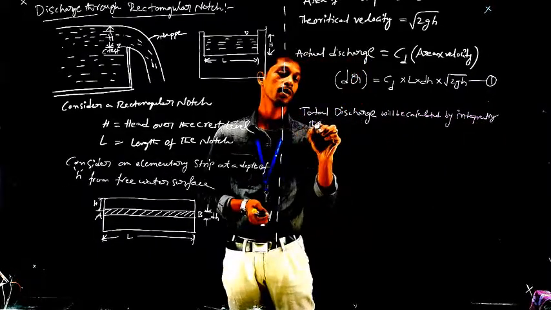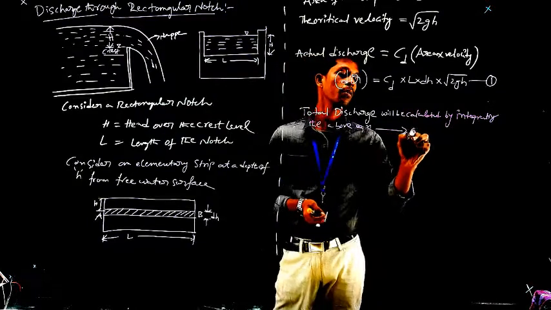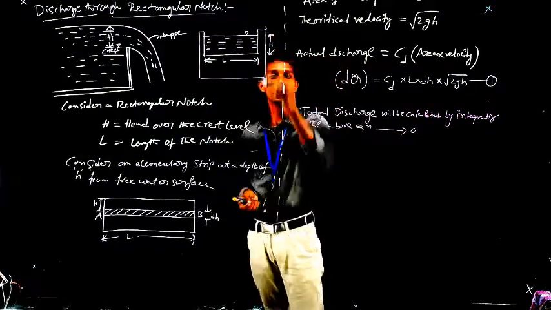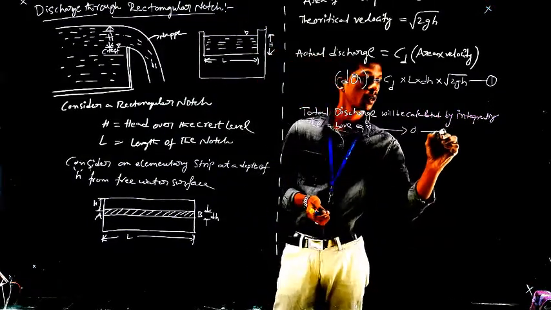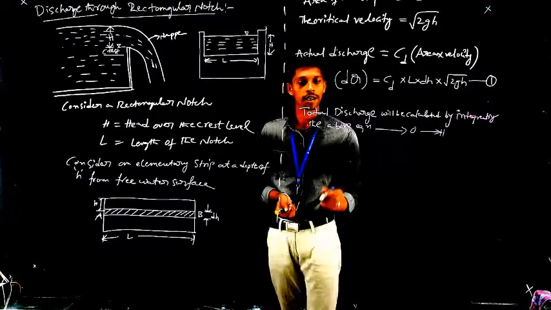What are the limits? 0 and what is the total depth? H is the total depth, right? So 0 and capital H are the limits.